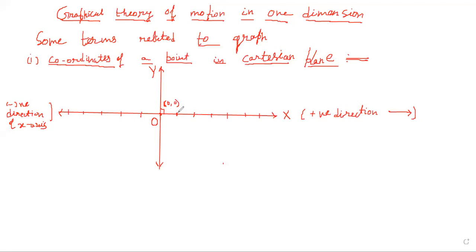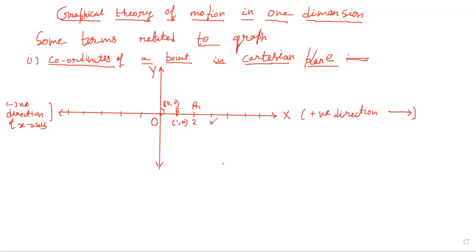Now if we move one unit along the positive direction of the x-axis, we reach a point whose coordinates are 1, 0. If we mark this point as A, then OA is 1 unit. If we mark the next point as A1, we have moved by 2 units, so the coordinates of this point are 2, 0.